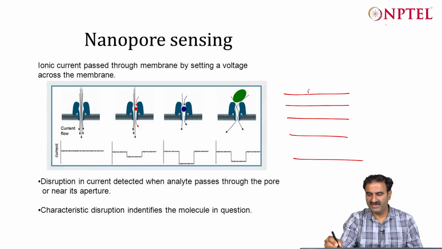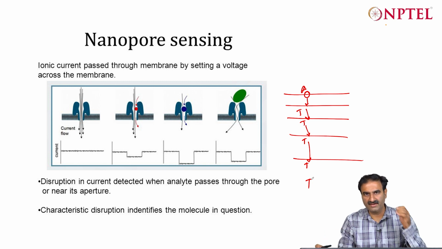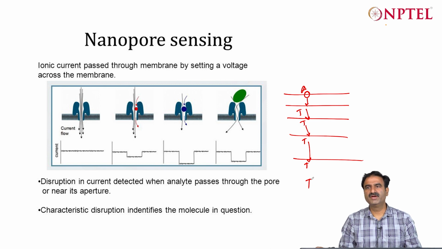For example, if this place was an error, I can check the same position in the other reads. If I say this is A, but in the other reads it was T, T, T and T, then I can say that this was T. This way error correction can be done, or it can also be done by mapping the shorter reads from Illumina technology to this long read, which is a hybrid sequencing approach, because Illumina technology is very good in terms of accuracy.